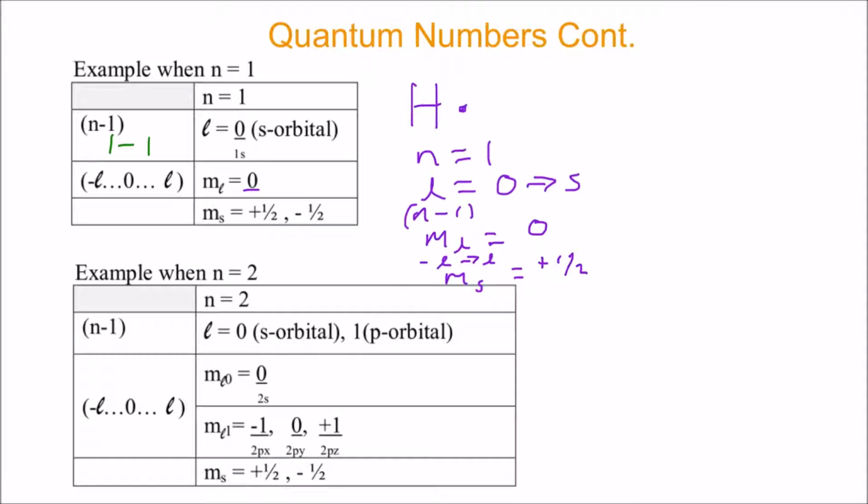It's going to be spinning clockwise. If there was another electron that partnered up with it, maybe from another hydrogen atom, then that one would have the minus 1/2 spin. So the address for this electron in a hydrogen atom would be 1, 0, 0, plus 1/2.